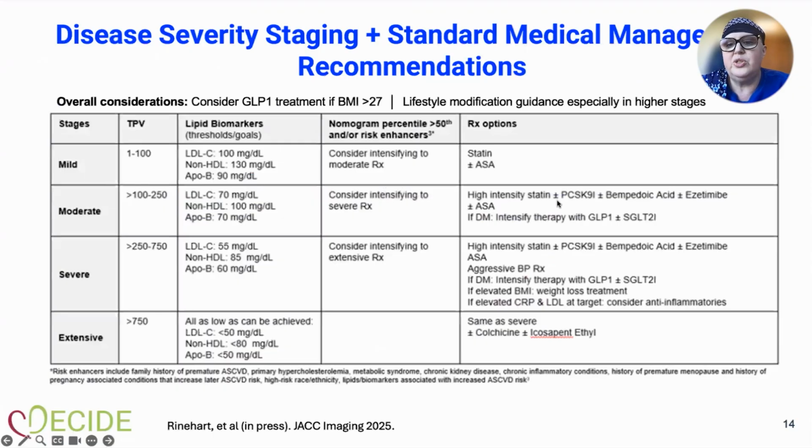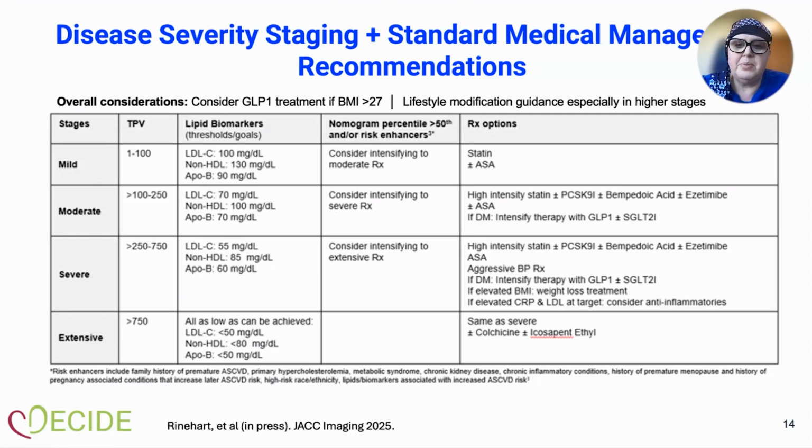And what you can see here is we're highlighting all of the different combinations of therapy that may be potentially useful for that patient. And as you can see here, we highlight lifestyle modification, as well as GLP-1s if your BMI was over 27. But then we said, okay, if you're more than the 50th percentile based off of that nomogram, or you have risk enhancers, which are maybe CT, clinical, or biomarker, which are presented in the 2019 prevention guidelines, you may want to go to the second stage of therapy or intensify.